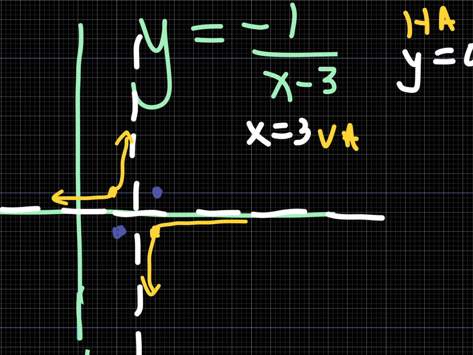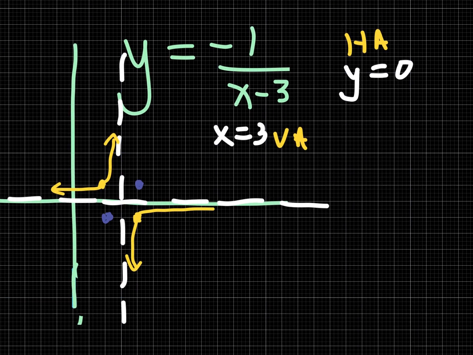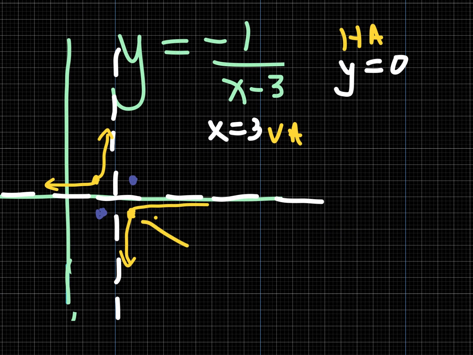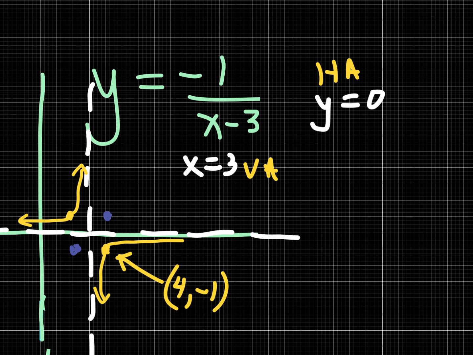So if I wanted to make sure you really understand this, that point right there is 4 comma negative 1. Guess what happens when you stick in a 4 in this problem right here? You get negative 1 over 4 minus 3, which is 1.